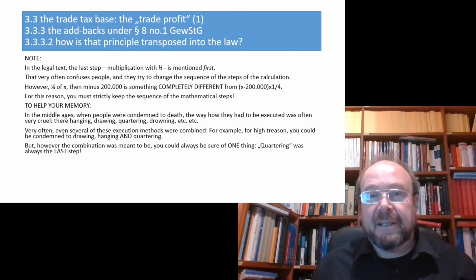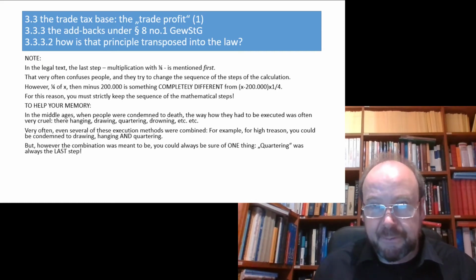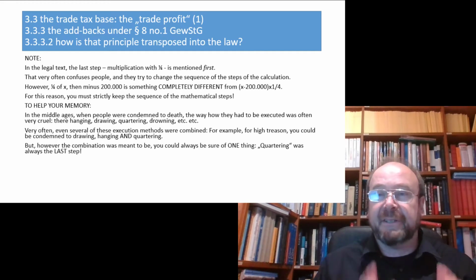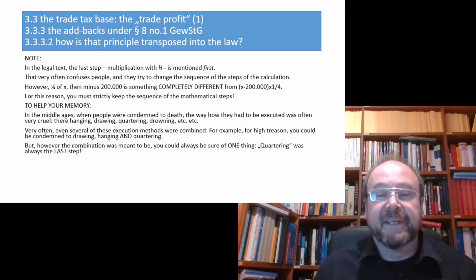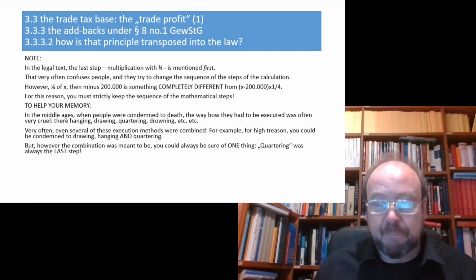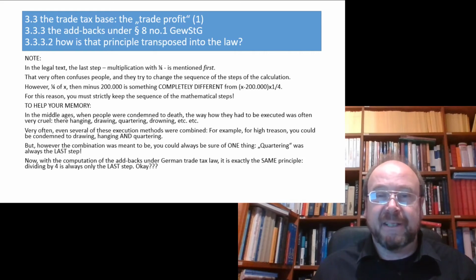But you can believe me one thing: quartering the victim was only the last step of an execution. To divide somebody into 4 parts usually ended the fun for the executioners. So you could always be sure quartering was only at the end. And this is, again, what you will probably never forget.